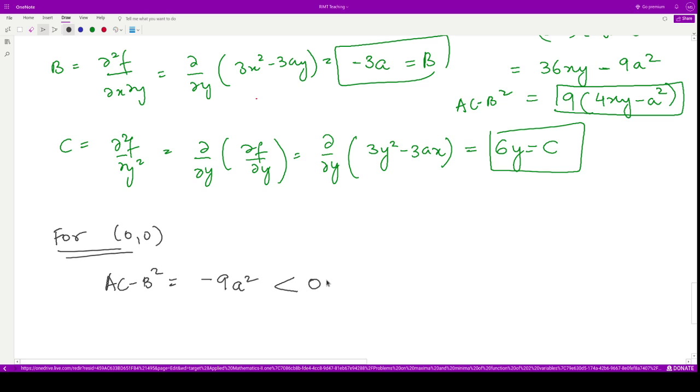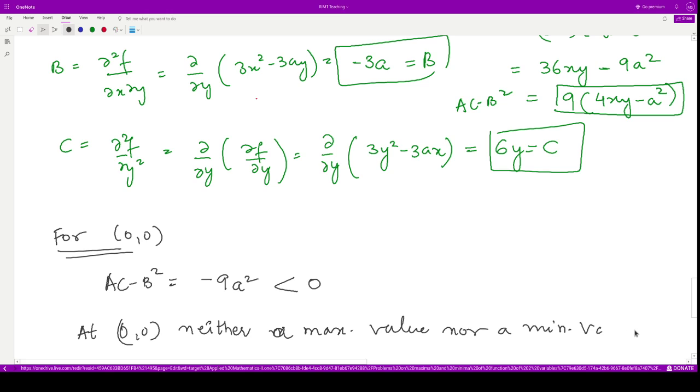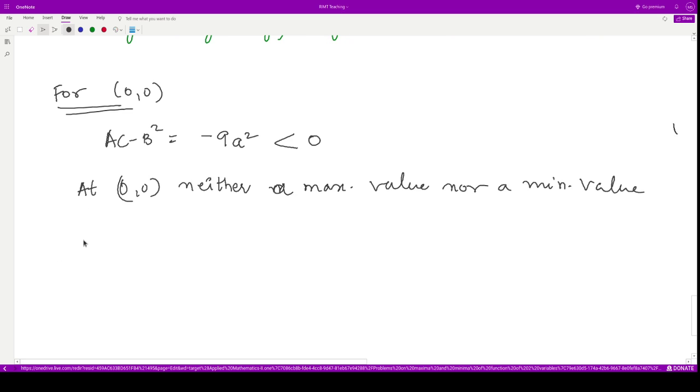If this quantity is negative, that means at (0, 0) we have neither a maximum value nor a minimum value. Therefore, we say the point (0, 0) is a saddle point.